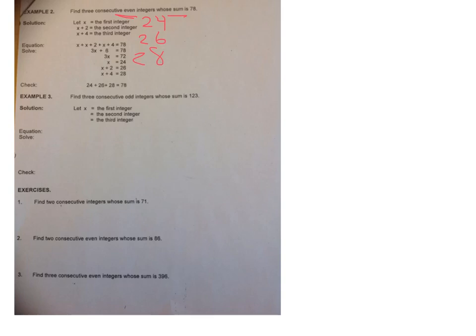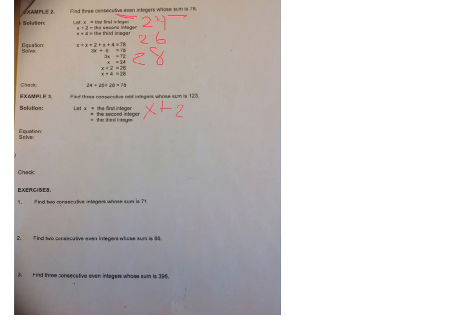So let's take a look at example 3. Find 3 consecutive odd integers whose sum is 123. Just because it's odd doesn't change the way we do this if it's even. So we still have let x equal the first integer. What will be the second integer? Go ahead and fill this in. It will be x plus 2.